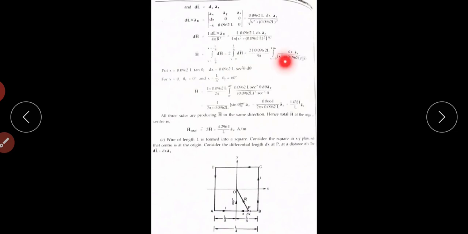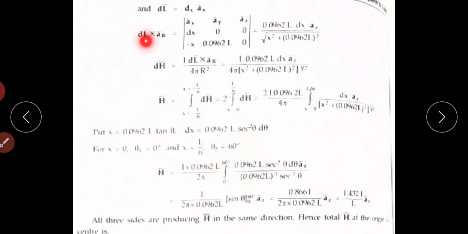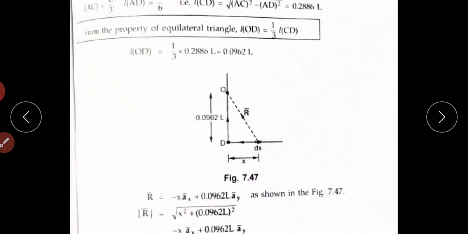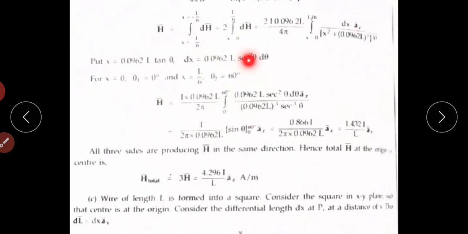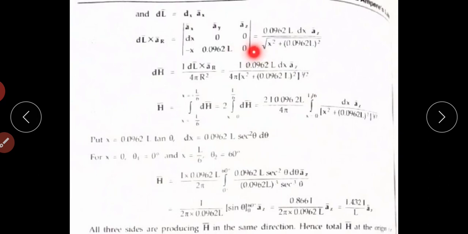Here, find dL bar cross R bar first. For the R bar vector, the ax bar component equals minus x, the ay bar component equals 0.0962 L, and the az bar component equals 0. So finally dL bar cross R bar equals this equation.